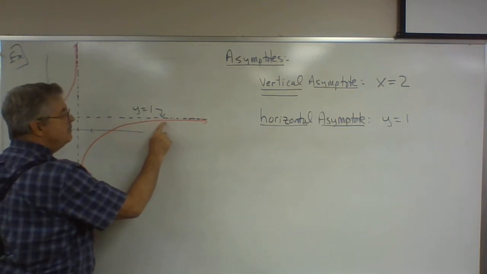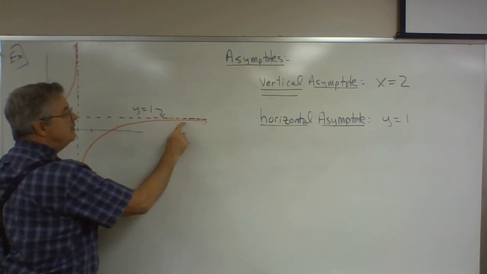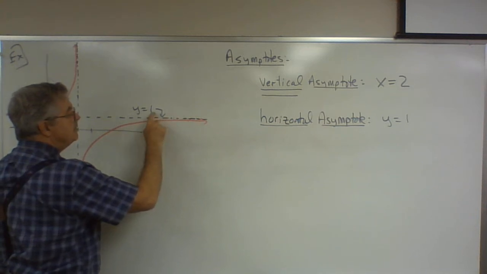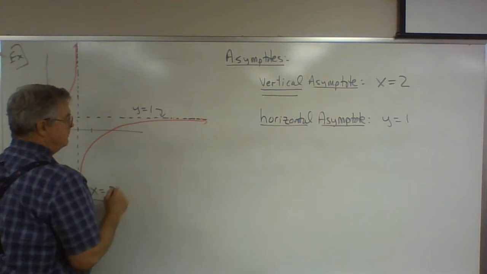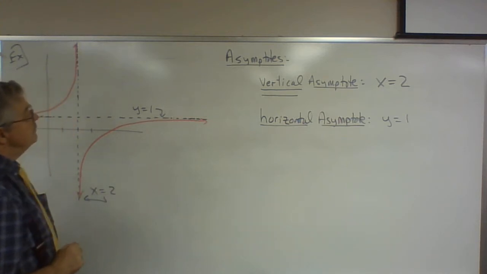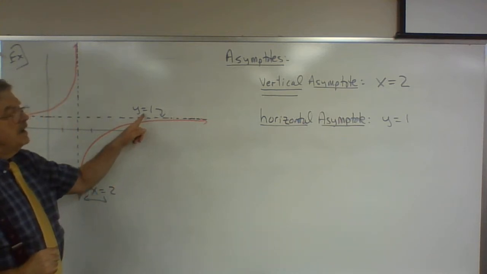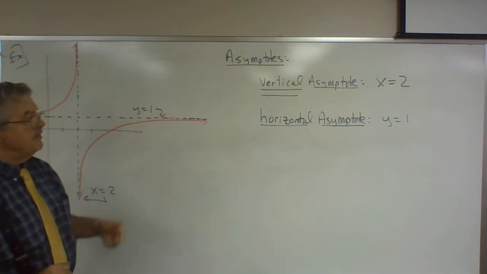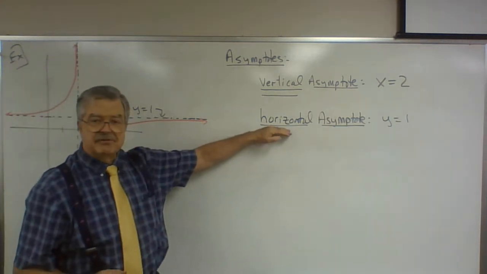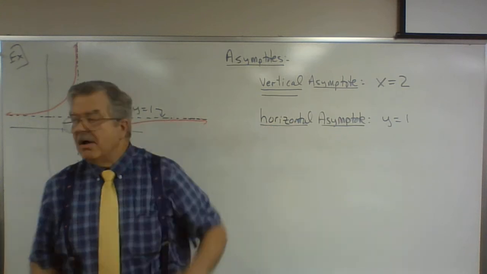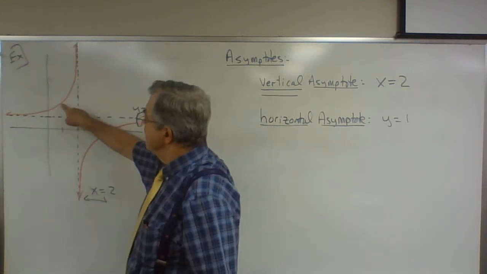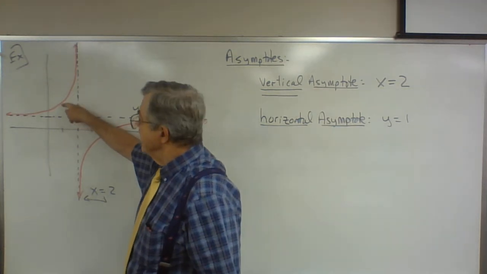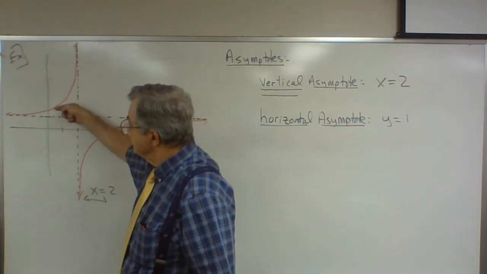And as I do, the graph gets closer and closer and closer to the line y equal 1. So the line y equal 1 is an asymptote. And since it's a horizontal line, we say it's a horizontal asymptote. Also note this. Suppose I start on an arbitrary point on this part of the graph, and I move in this direction.